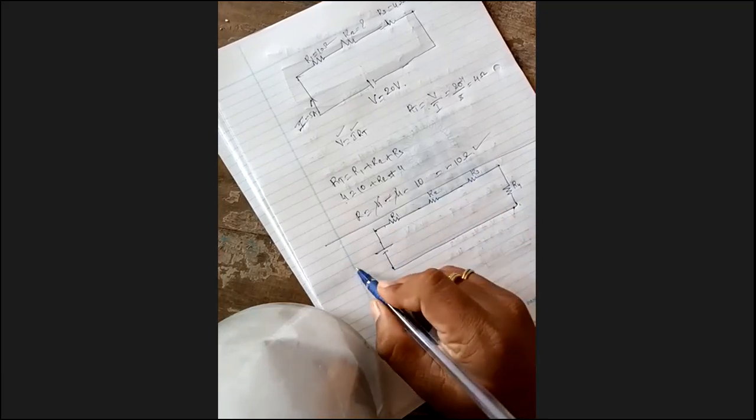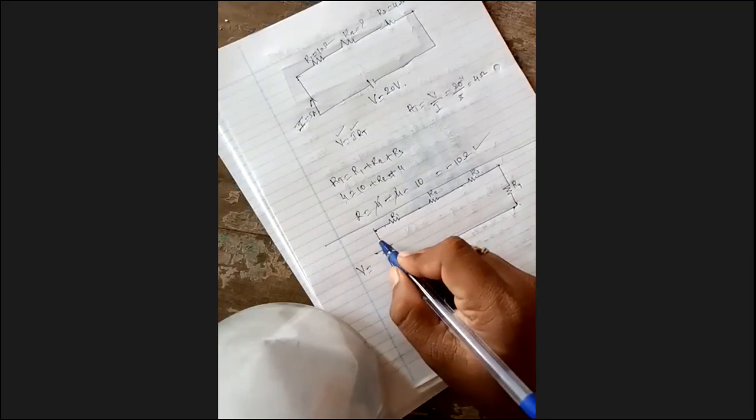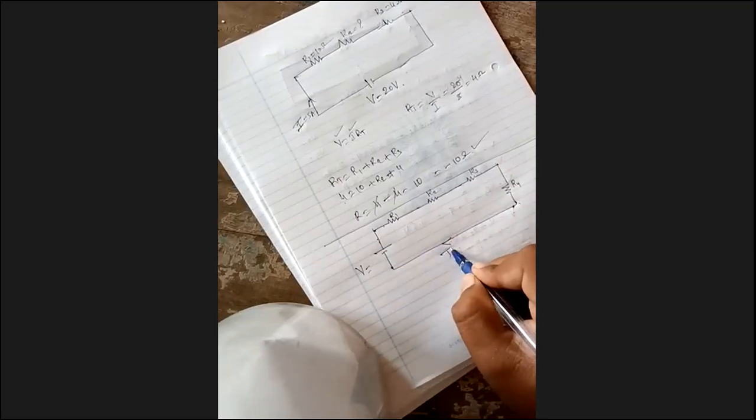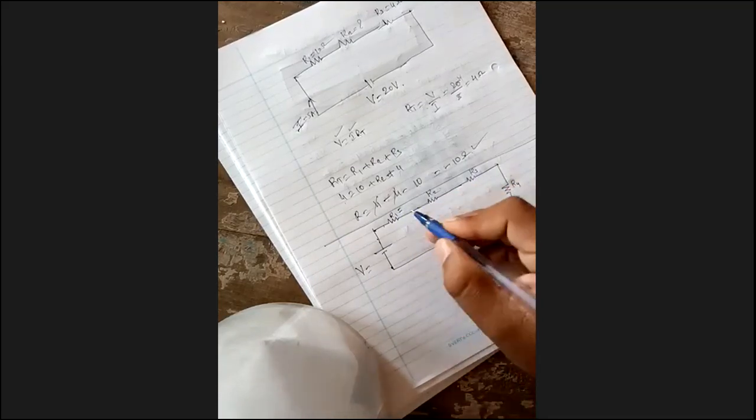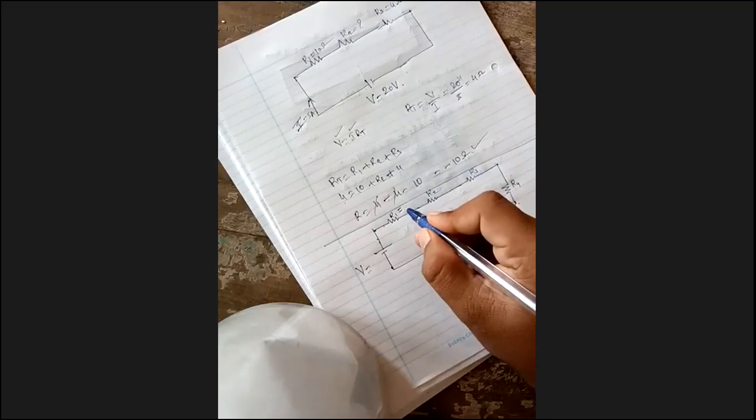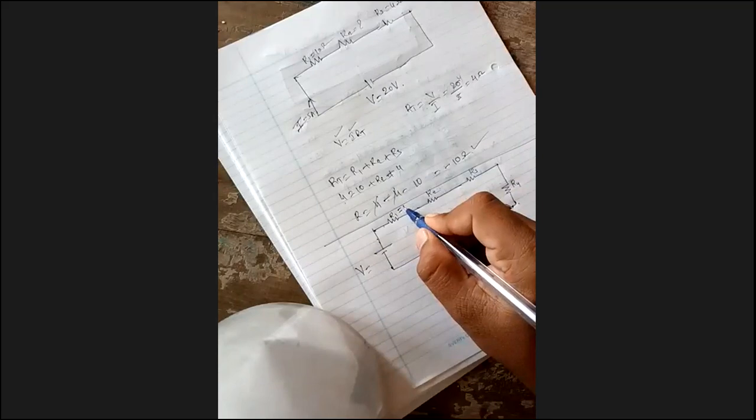R1, R2, R3, R4. This is V. The current flowing here I will consider. This one is 4 ohm.